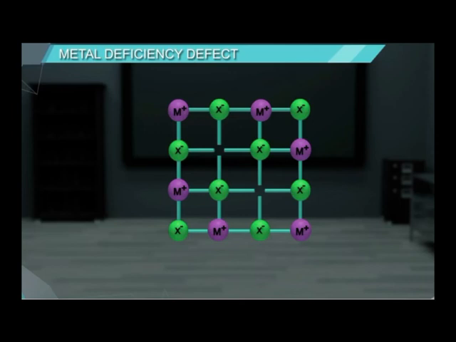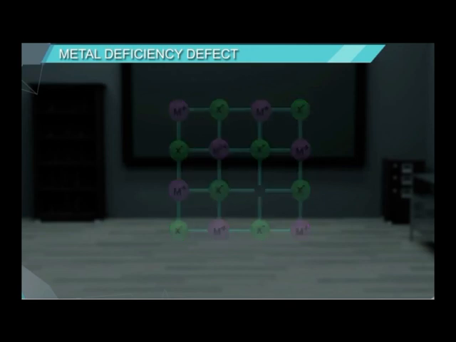To maintain the charge neutrality, the same metal ion having a higher positive charge is added to occupy the vacancies created in the crystal. As this metal ion has a higher positive charge, it will occupy only some of the sites to balance the overall charge, and other sites will be left vacant.